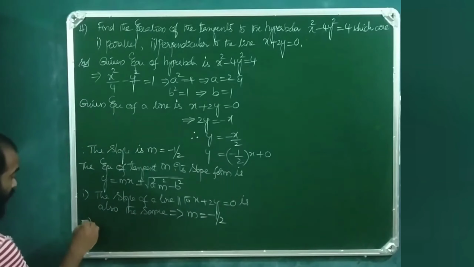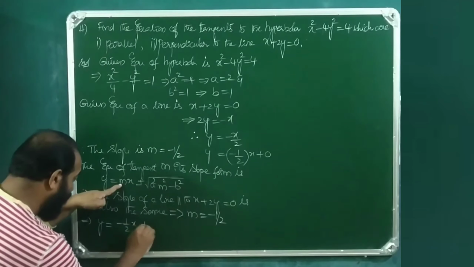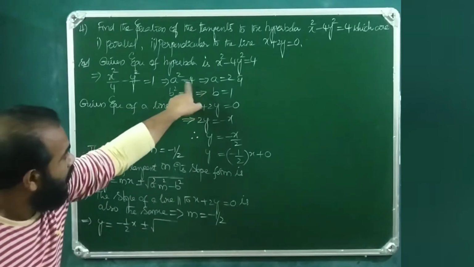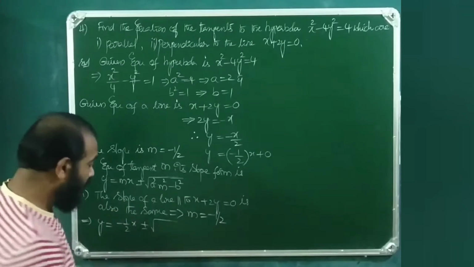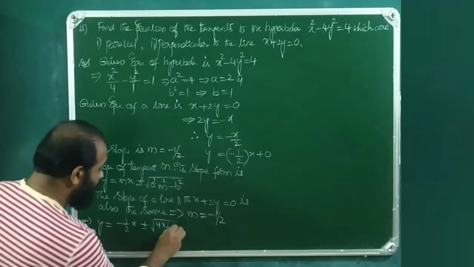Therefore, y is equal to mx, m is minus 1 by 2, into x plus or minus square root of a square is 4, m square is minus 1 by 2 whole square, so 1 by 4, minus b square is 1.